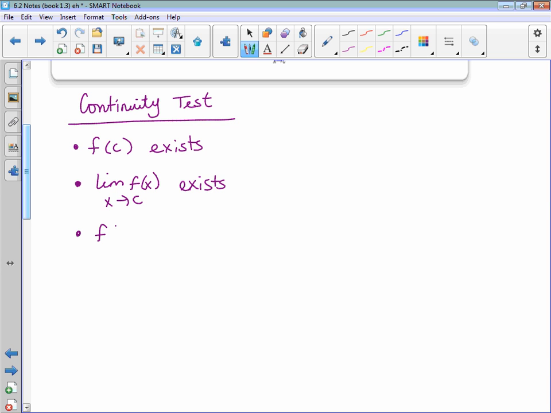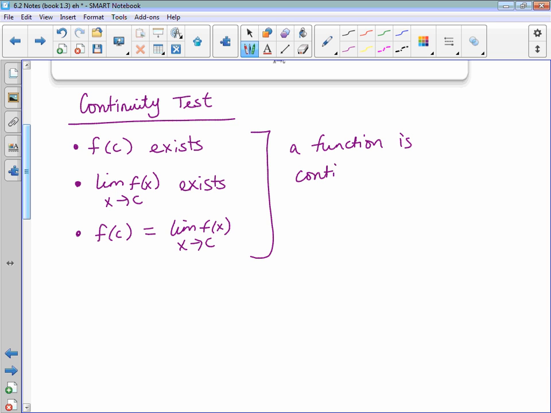The third point is that f of c equals the limit of f of x as x approaches c. So 1 has to exist, 2 has to exist, and then 1 and 2 have to be equal. So if that's true, then the function is continuous at c, or at x equals c.